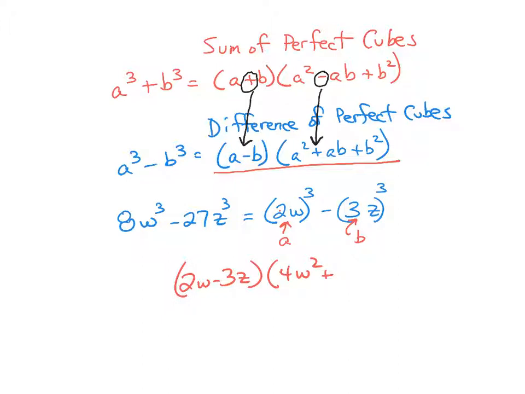The 2 times the 3 gives me 6, so I have 6wz. And then I need plus b squared. Well, b is equal to 3z, so I need to square that, so I'm going to get 9z squared. And now I have factored this difference of perfect cubes.